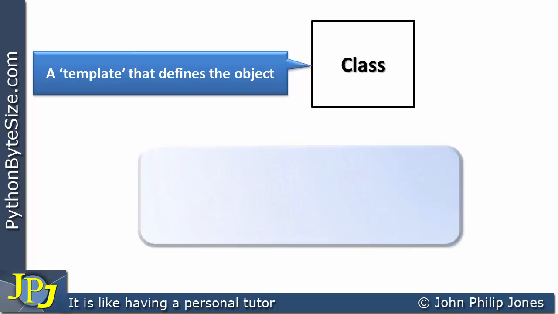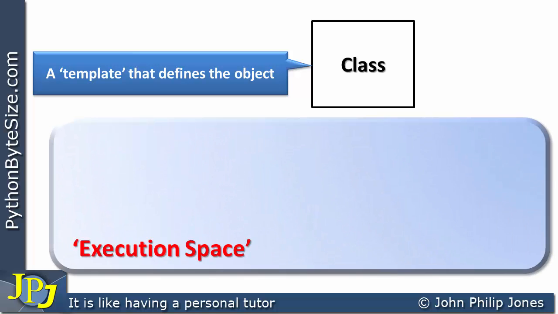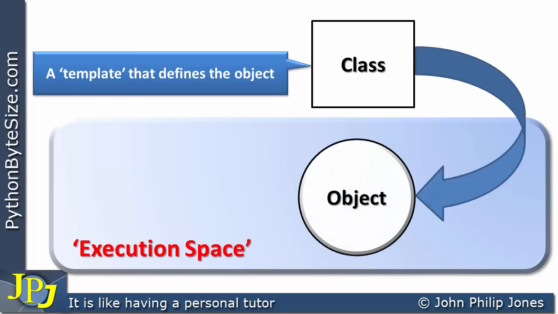So when we look at the execution space, what in fact will happen is we'll have an object created from this class. So it's rather like the house being built from the template, the blueprint that the architect gave. So we can see that the object is derived from the class. And now I can use the object. The object becomes, if you like, the execution bit that enables my program to do things.